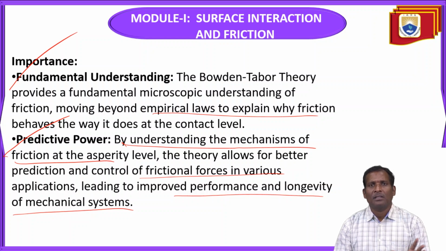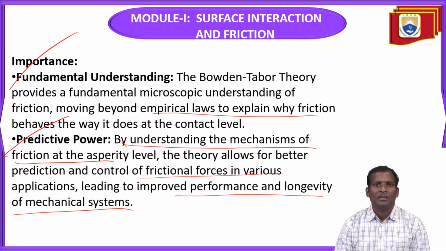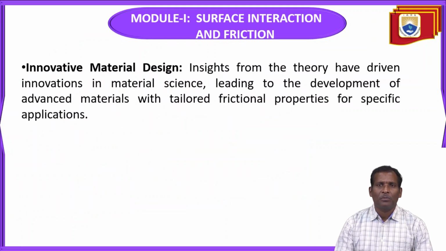So automatically it leads to improved performance of the product and improved lifespan of the product, that is efficiency. You can improve by applying this Bowden-Tabor theory for predictive power. So, innovative material design.